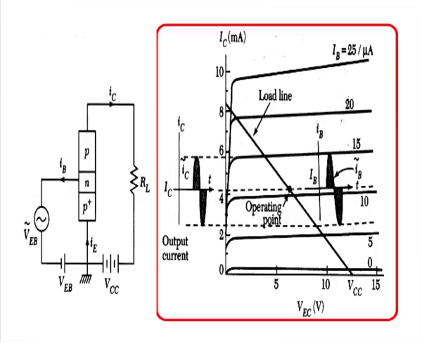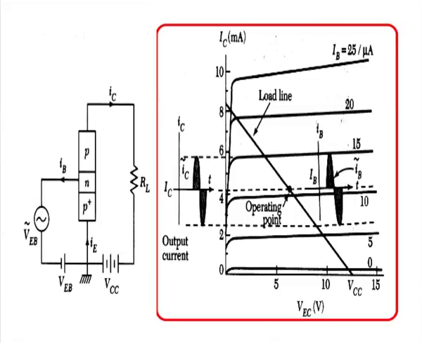In the right hand side figure you can see the base current changing in the microampere range. In the positive cycle the change is around 4 microampere, and in the negative cycle the change is minus 4 microampere. Now, due to this change in input current, how much change is there in output current?